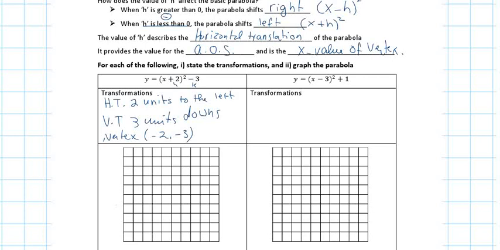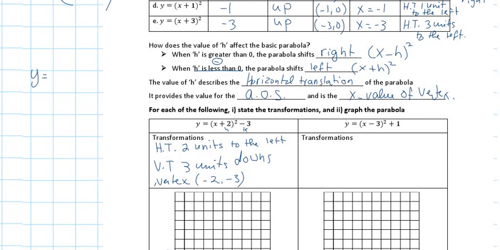Before I graph this, let's do some quick exercises here. y equals x minus 1 squared plus 2. Tell me what your vertex is. Just don't write anything and look here. 1, 2. What's your vertex here? What is it? I can't hear you. Negative 1 and negative 2.